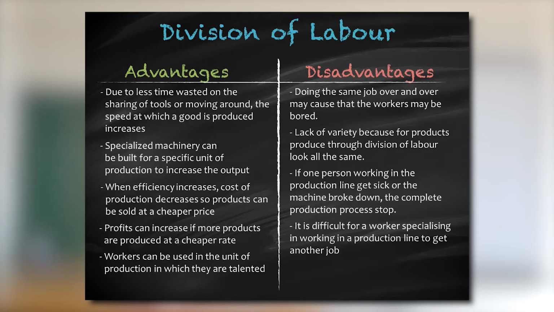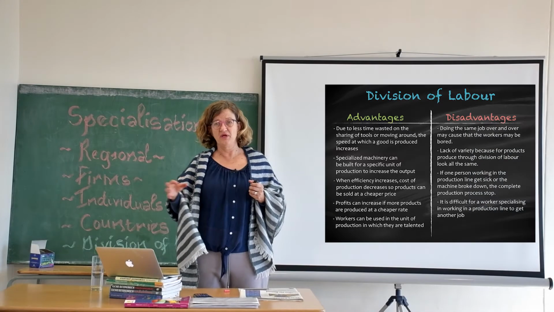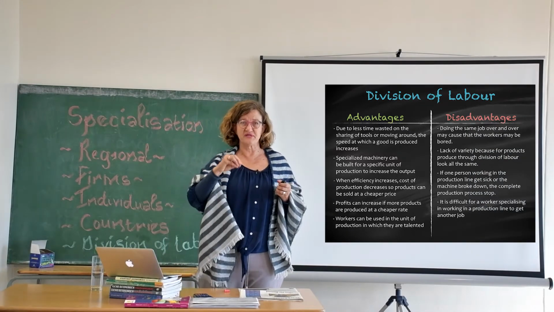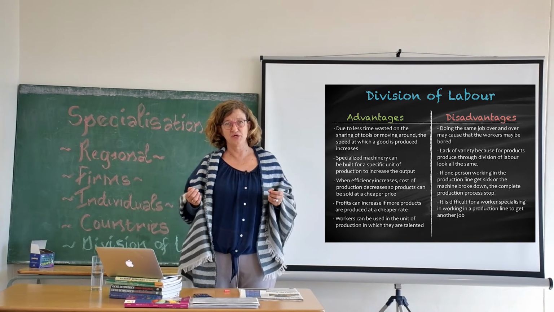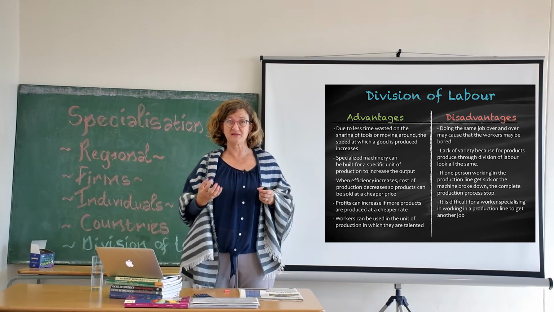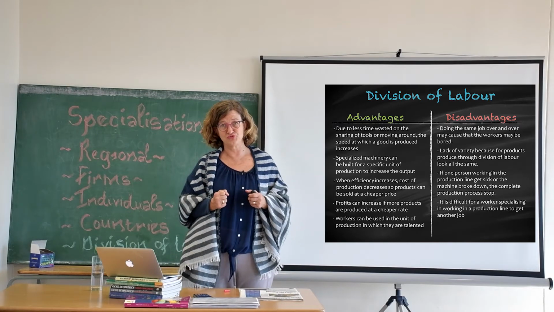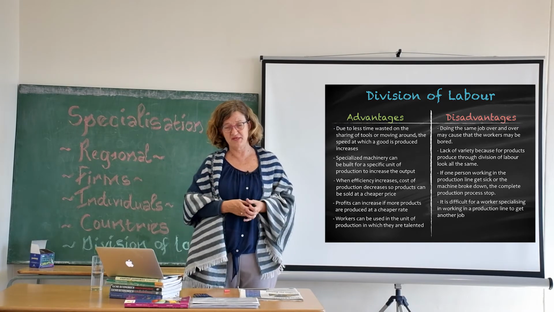All the bottles look exactly the same. All the cool drink that they put in the bottles is also exactly the same. So a company like that can easily introduce division of labor.